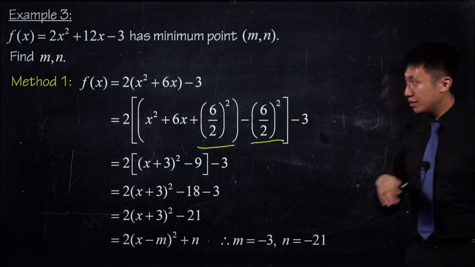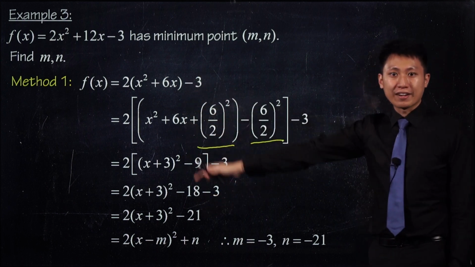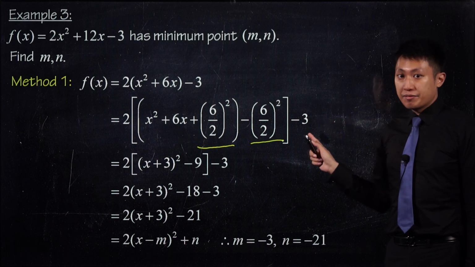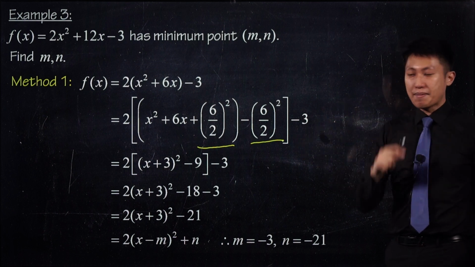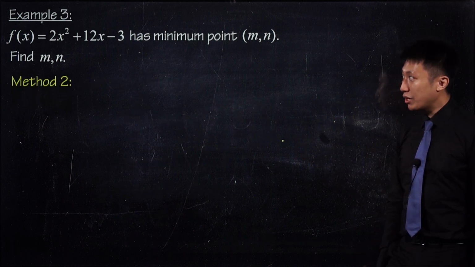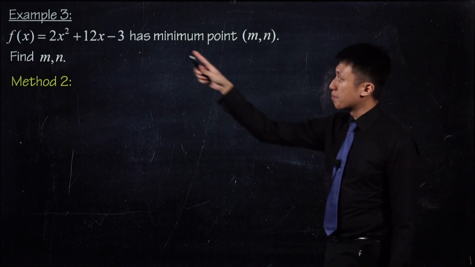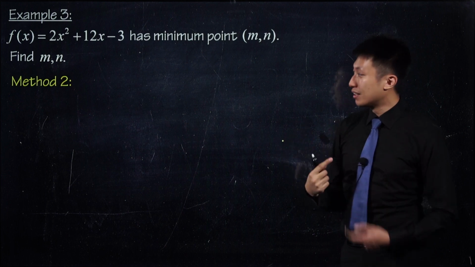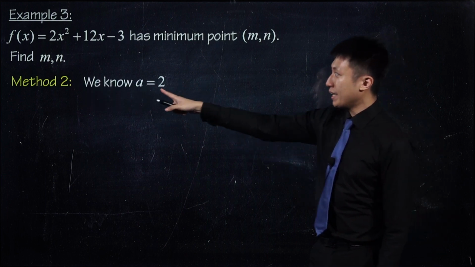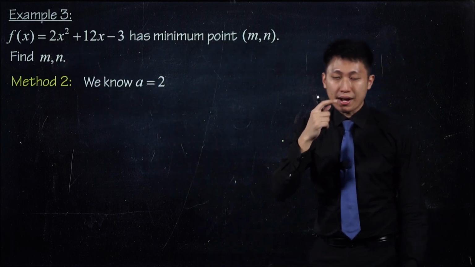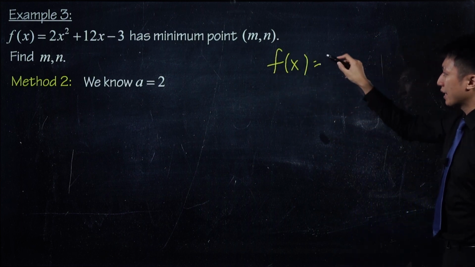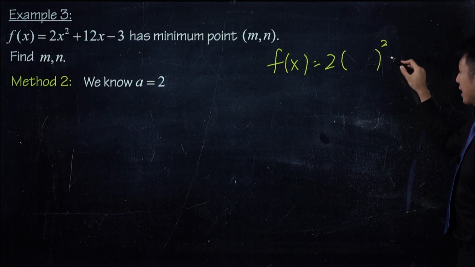Okay, no problem. This one is like you do it forward. I just solve the things. Fine with the first method. Second method: I know the minimum point is this one, so I go backward. We know a is equal to 2. So if you complete the square, eventually it should have something like 2 times something squared, then plus something.